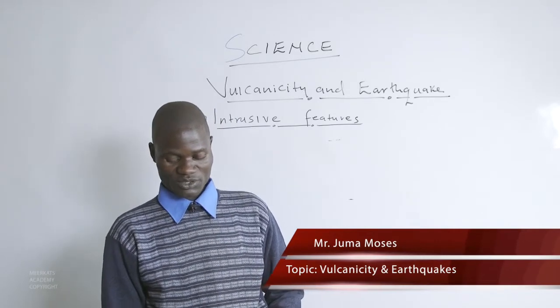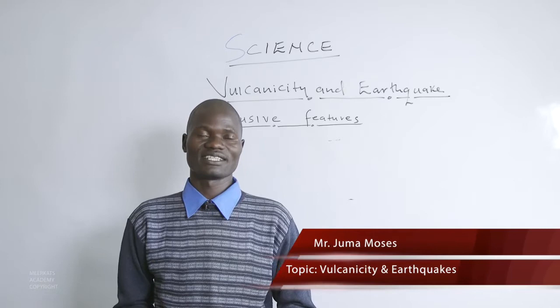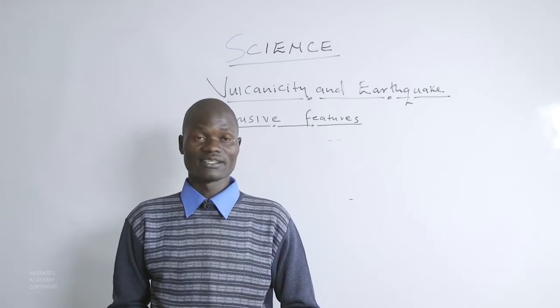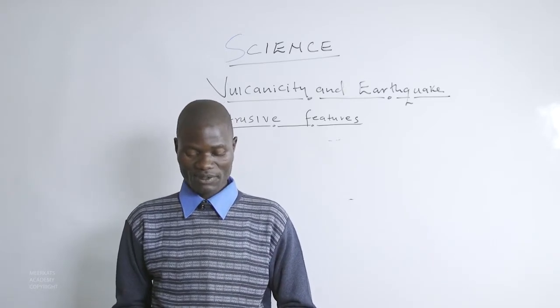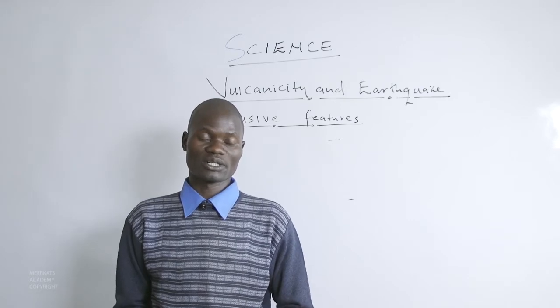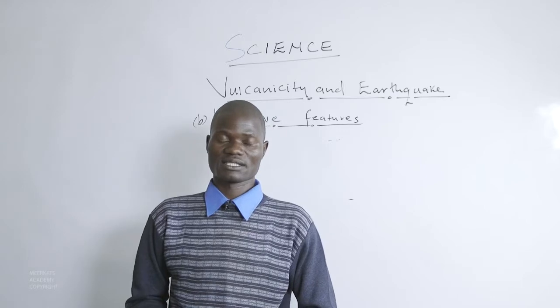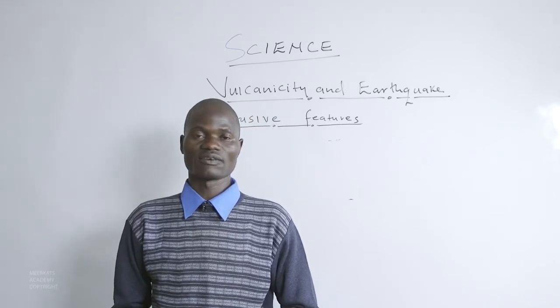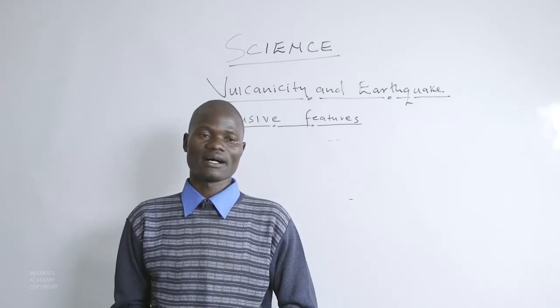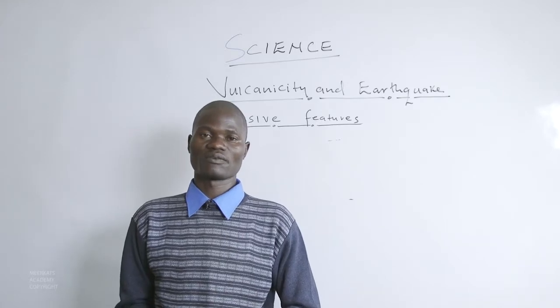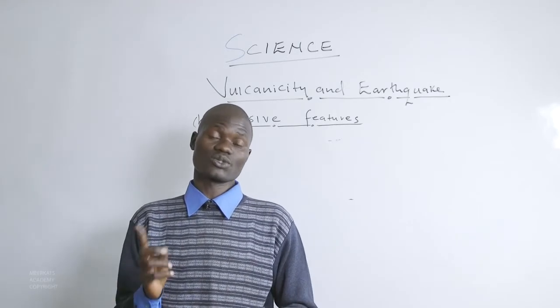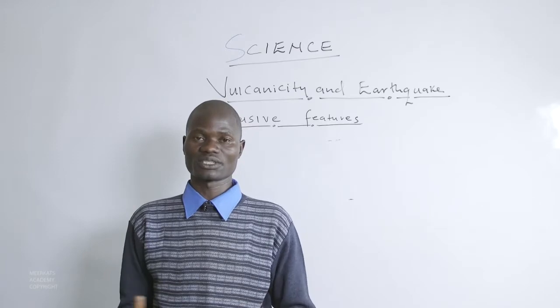In the previous lesson we were looking at volcanicity and earthquakes, and you remember what we had mentioned about volcanicity. We handled various extrusive features of volcanicity. We learned there are two types of volcanicity, that is intrusive volcanicity and extrusive volcanicity.